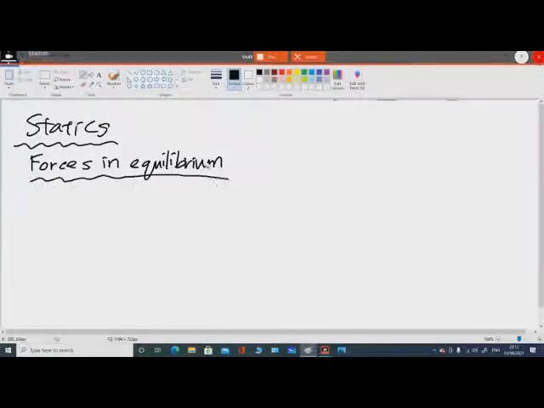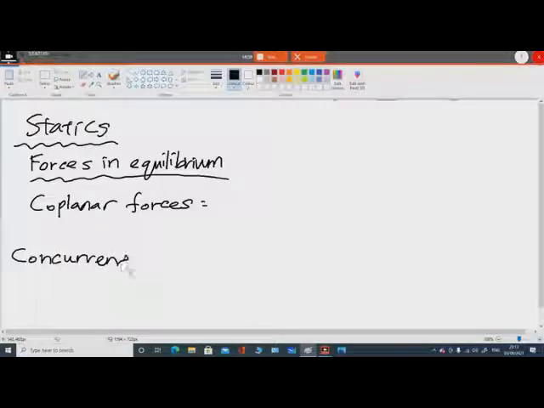Firstly, we need to know what the coplanar force is, and what the definition is for coplanar force and concurrent force.